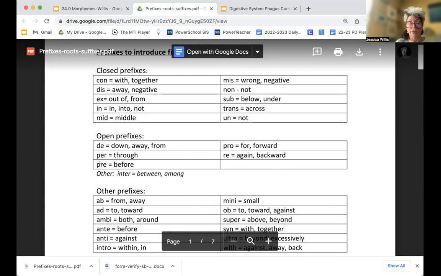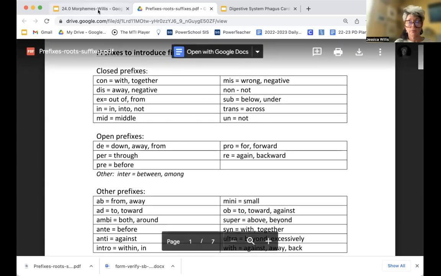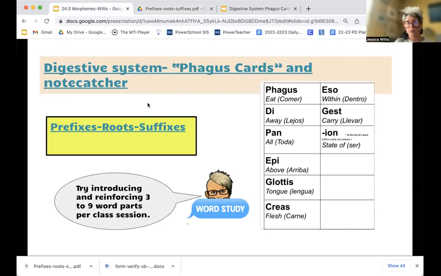And then these open prefixes that have the longer vowel sounds. Depending on your section and your comfort level with this, you can start as small as you like and make it into a very quick do now. But I really recommend making it into a manipulative where the students can take these pieces and slide them around on their desks with their hands.